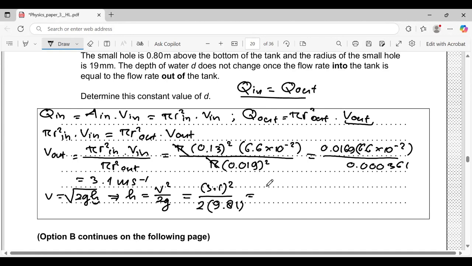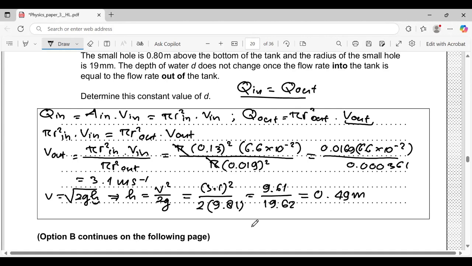So it's going to be 9.61 over 19.62. And if you calculate, the result is 0.49 meters.